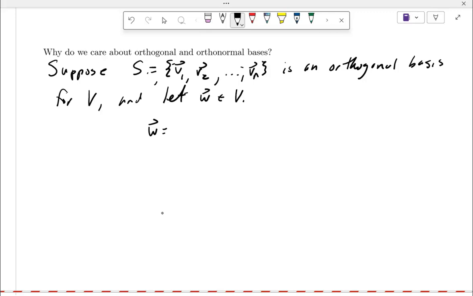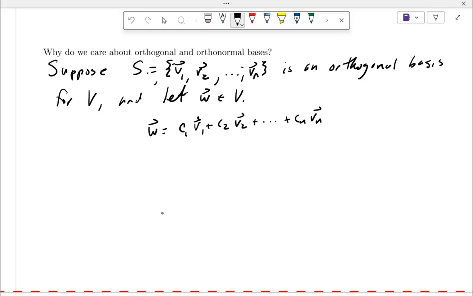As a linear combination, right? Our goal here is to figure out what the C's are. Remember we talked about coordinates with respect to a basis? The C's are those coordinates. We're going to try to figure out a formula for the C's if we have an orthonormal basis.